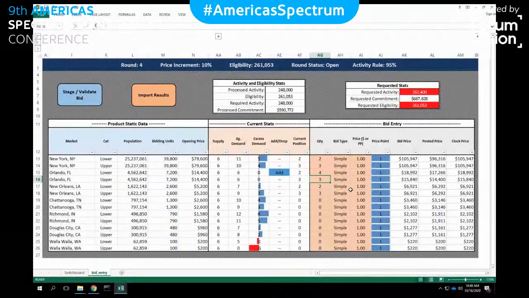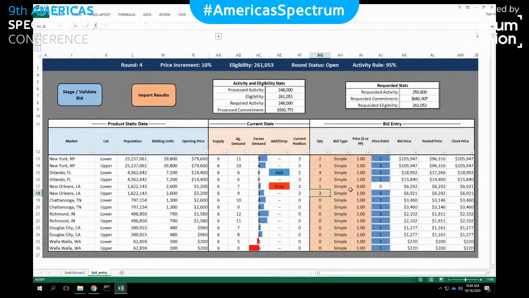from another market, right? I can reduce my demand in New Orleans lower by 1, freeing up the bidding units associated with that block. And if that drop is processed, those bidding units will be freed up and they will move into Orlando. But there's no guarantee that they will be processed.